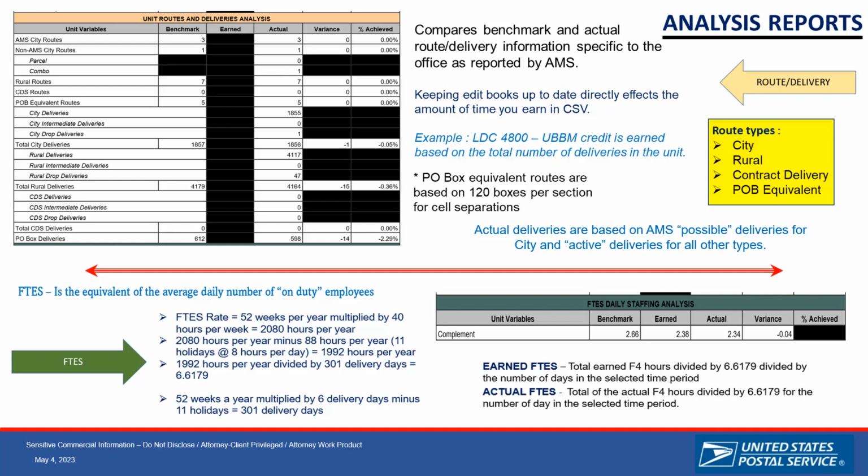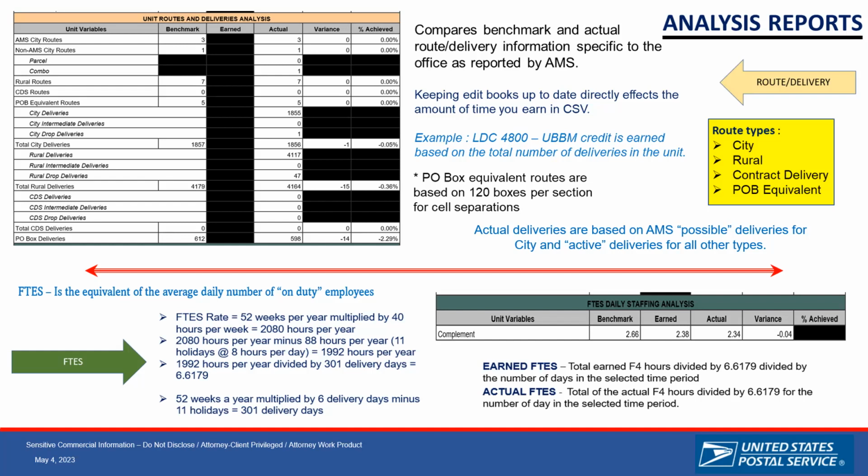FTES, which is full-time equivalent staffing, is the equivalent average of the number of daily on-duty employees. Your earned FTES is earned by taking your total function 4 hours and dividing it by 6.6179, and then dividing that by the number of days in the selected time period.